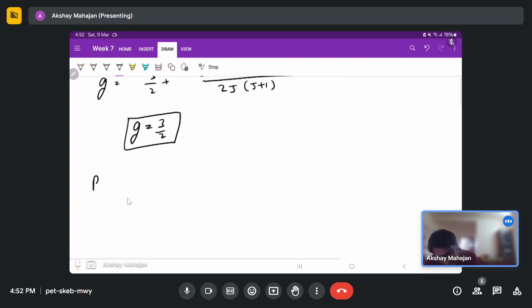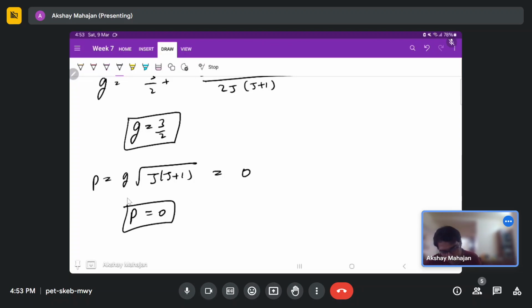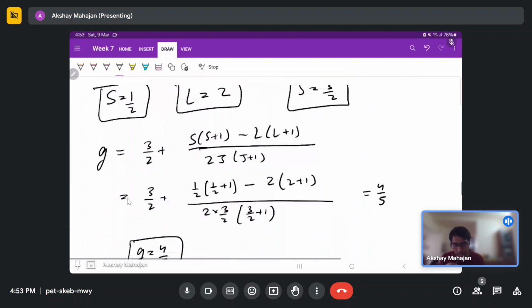And then the effective Bohr magneton number is given by g times the square root of J into J plus 1, and since J is equal to 0, it will be 0, so our P is also equal to 0.